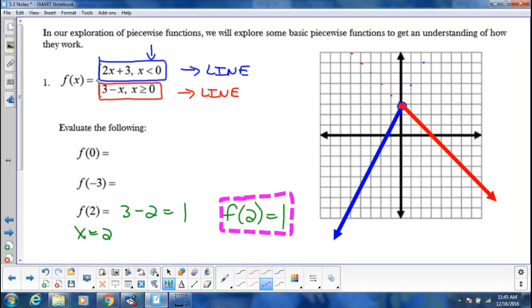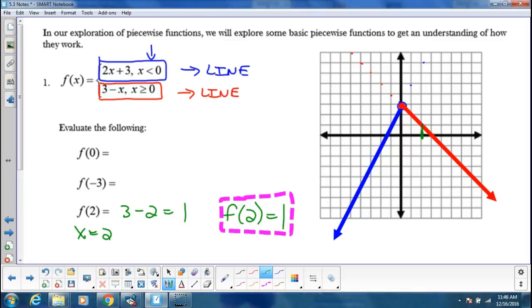I could just look on my graph too. My graph says at x equals 2, my graph is at 1. With me? Okay. f of negative 3. Am I on the blue part or am I on the red part? I'm on the blue part.